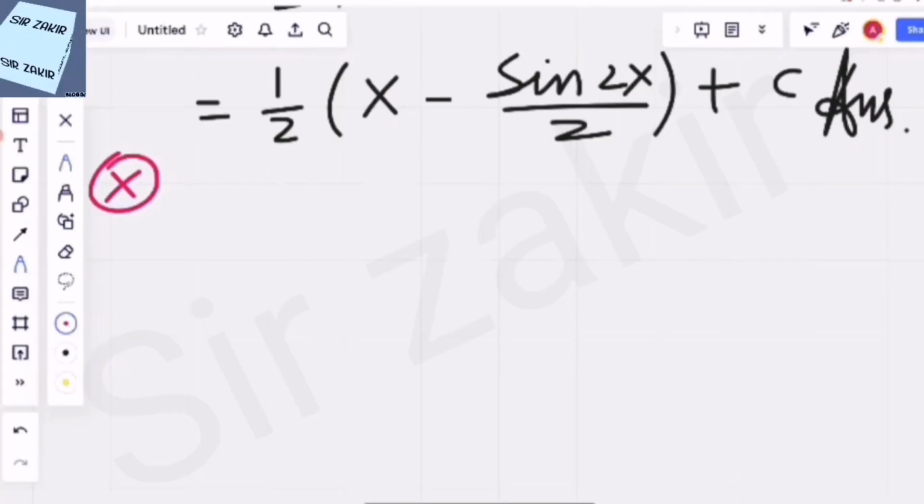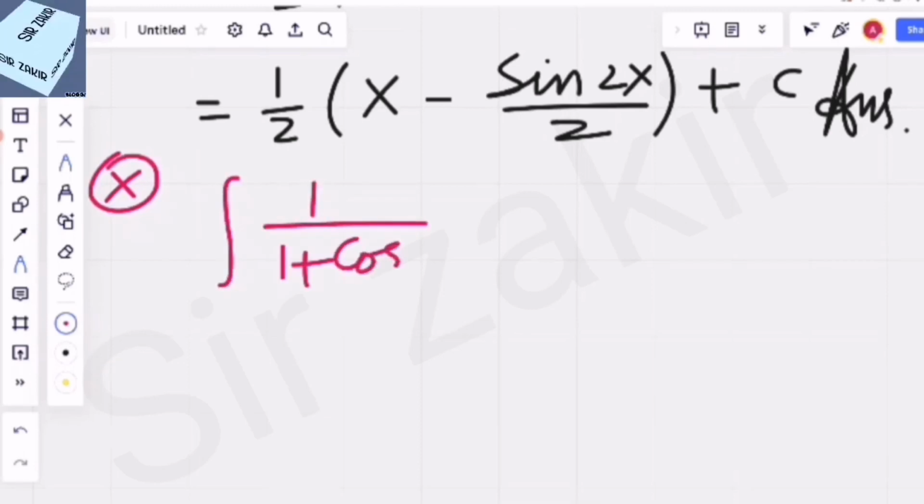Now we do part number 10. Part number 10 is the integration of 1 by (1 + cos x) dx. We make a single term in the denominator. How can we make a single term in the denominator?